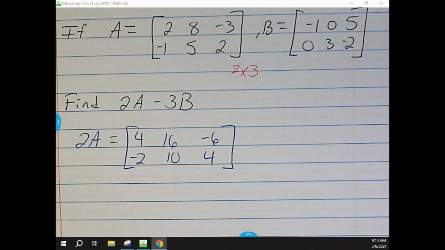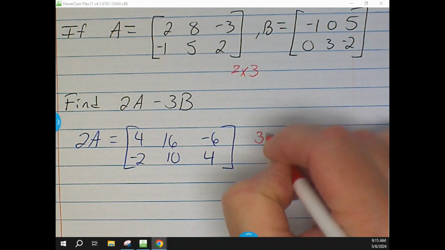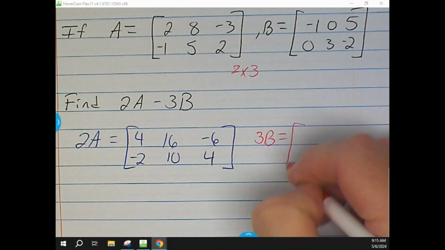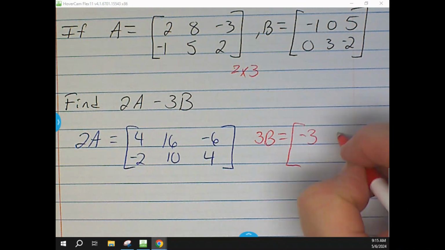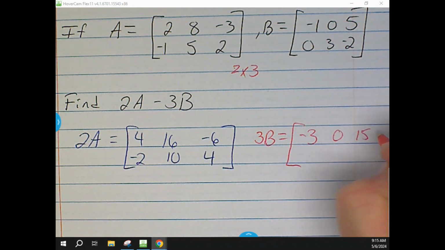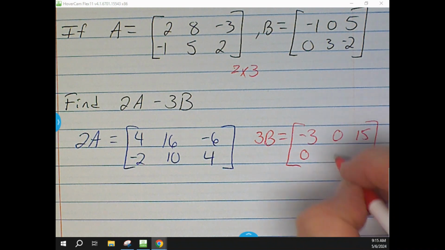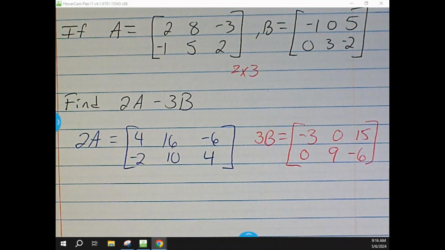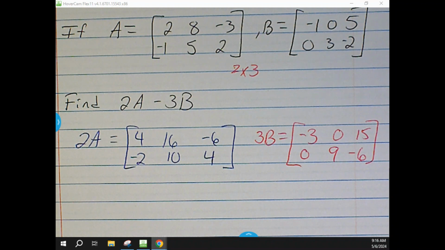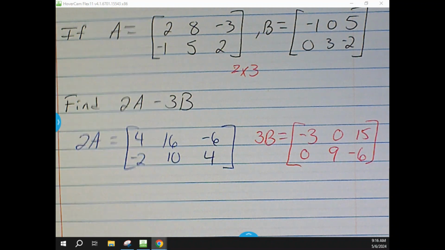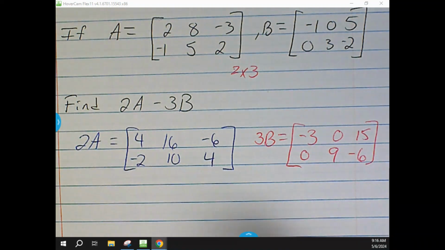We're going to go ahead and just leave it as subtraction and do 3 times B. So if we do 3B, that would make it -3, 0, 15, 0, 9, and -6. Okay, and then because of the minus in the middle, we're going to subtract it.